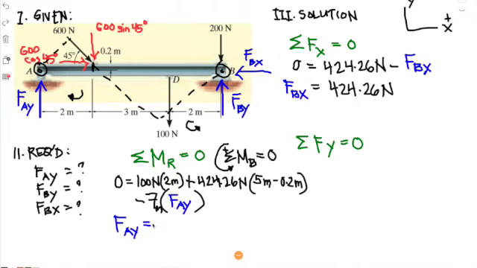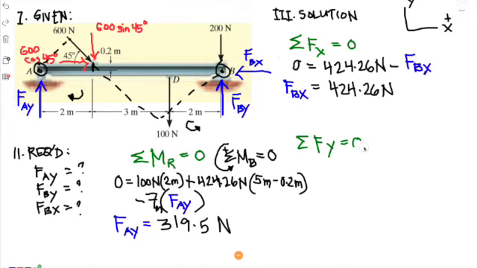And we will divide all of that by 7 and we will get 319 point, this is approximate value 0.5. This is in Newton. So that is our answer for FAY.